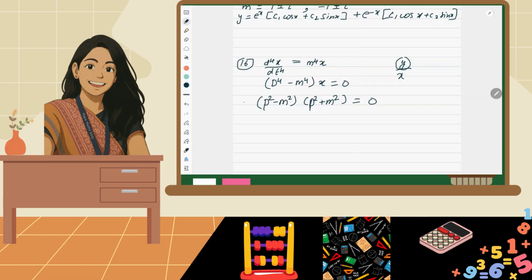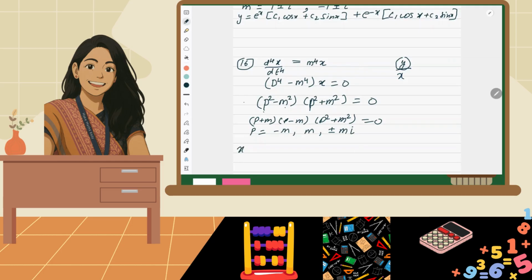So my target is to get the value of p now. Now this is a square minus b square, so this will give me (p plus m)(p minus m), and (p square plus m square) is equal to 0. So what are the values of p? p is plus minus m, and here plus minus mi, right?